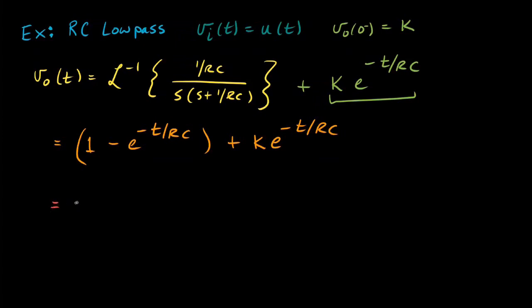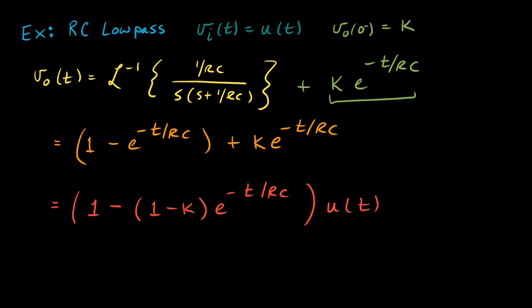And so I can combine terms to get something that looks like 1 minus the quantity 1 minus K times e to the minus t over RC. And again, don't forget the u of t. Got to put that in there when it's all said and done. Okay, so this is going to have a similar look to it.